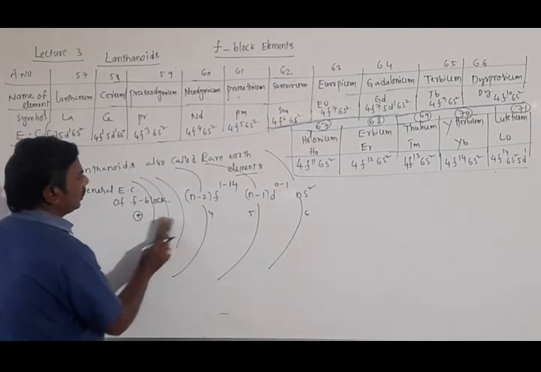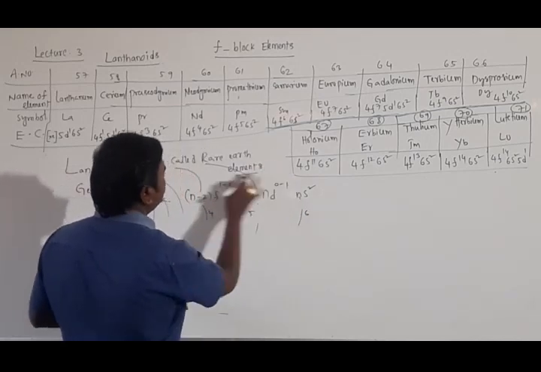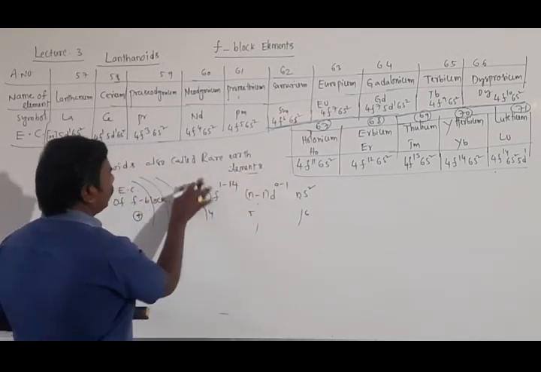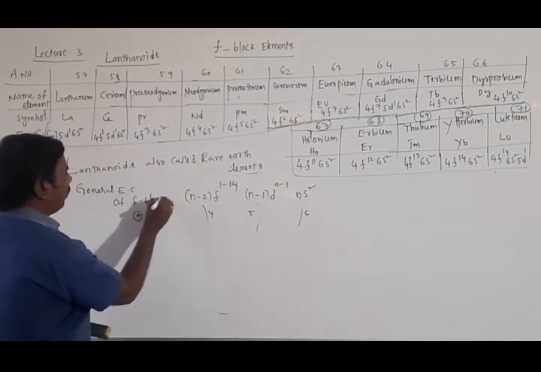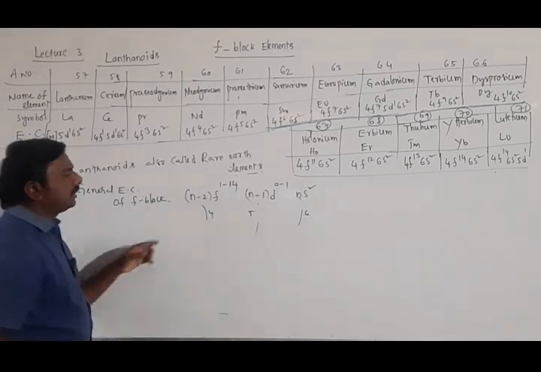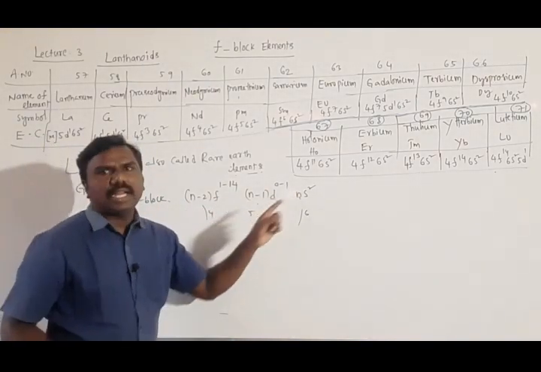Now the general electronic configuration for F block elements is (n-2)f 1 to 14, (n-1)d 0 to 1, and ns2.